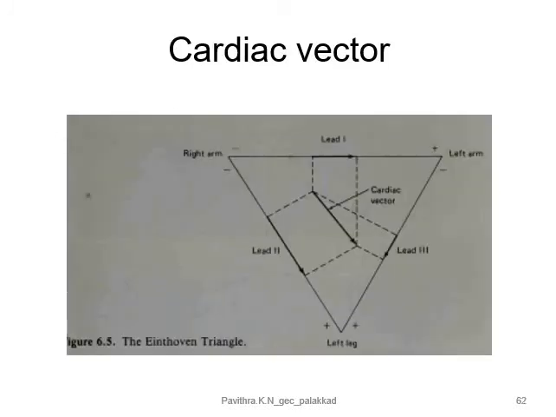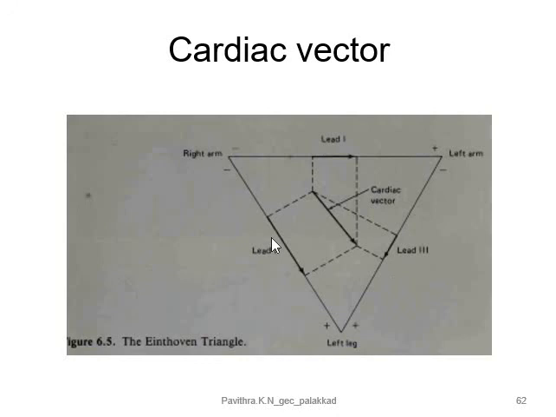In the next concept, it is the cardiac vector. So in the figure you can see an Einthoven triangle, and this is a triangle that shows the relationship between the unipolar and bipolar leads. Okay, so here this side is lead 2, this side is lead 1, this side is lead 3.